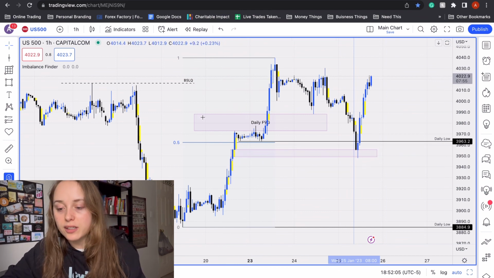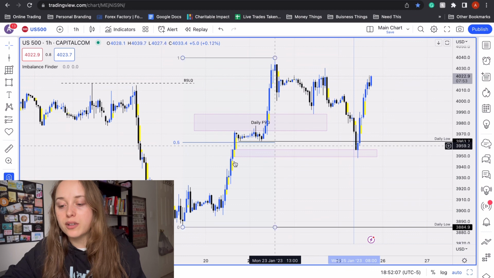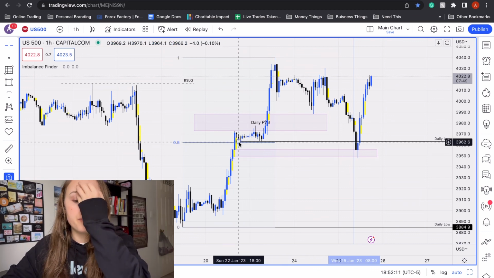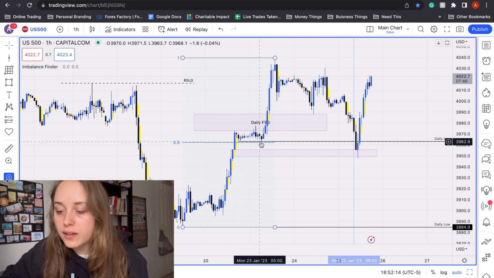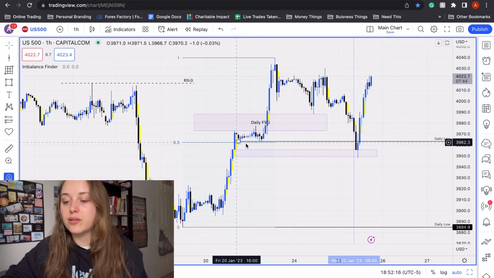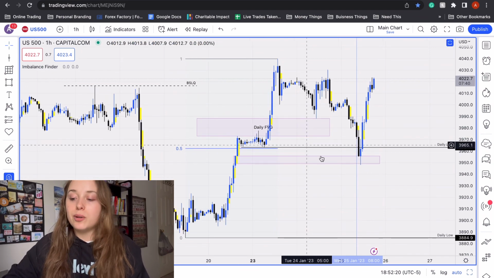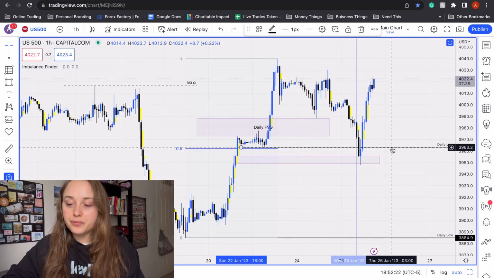And if you look closely, look at how perfect these equal lows are. This is the daily low from Monday, but look at how perfect those equal lows are. So I had a feeling we would be pulling into that today.